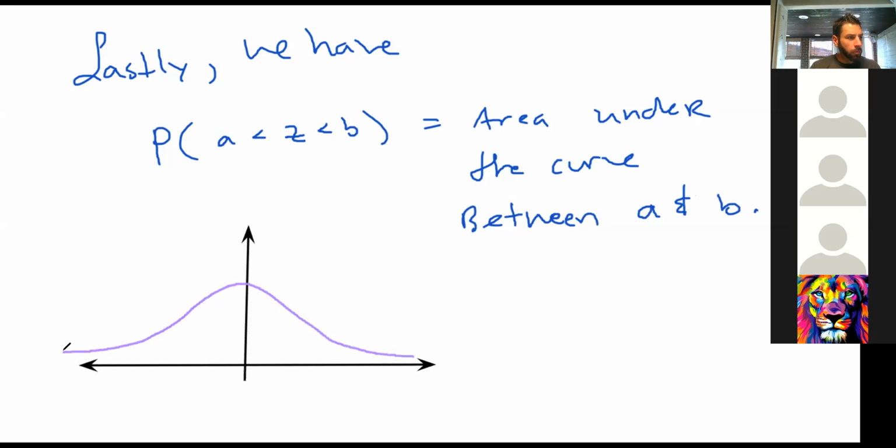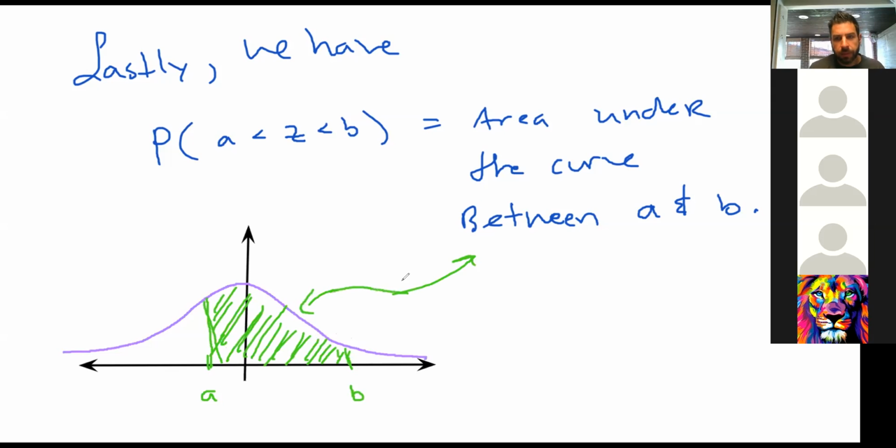So if here's our normal distribution curve, our bell curve, let's pick any two points. I don't care what they are. We'll call this one A, we'll call this one B. And they don't necessarily have to be positive and negative like I've drawn them. That's just one example. So this green region is the area under the curve between A and B.